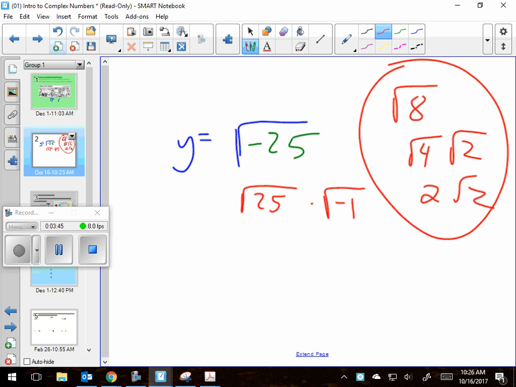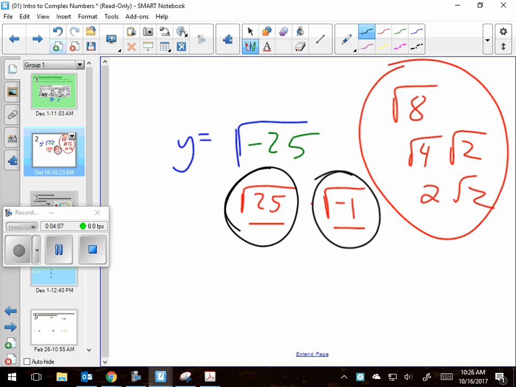Well, in this, root 25 can be broken into root 25 times, you can make anything two square roots if you want to break it up into its factors. And why did I pick that particular one? Because mathematicians have defined the square root of -1, we will just always call, what do you think? i. And then I know this, the square root of 25 is 5.